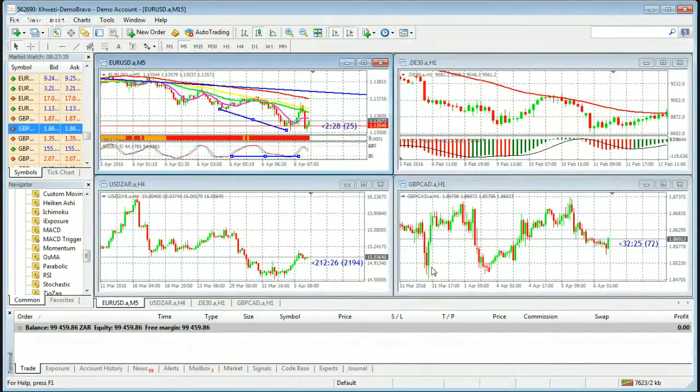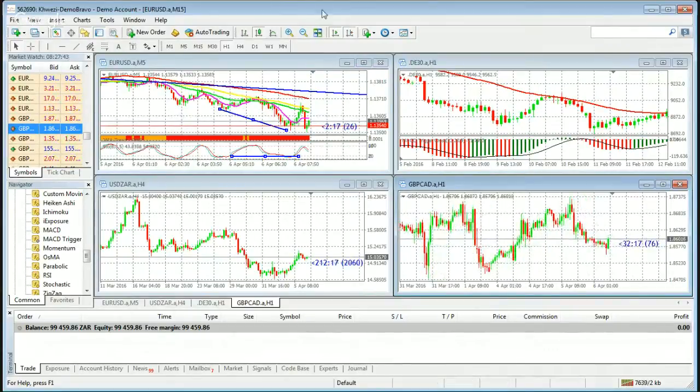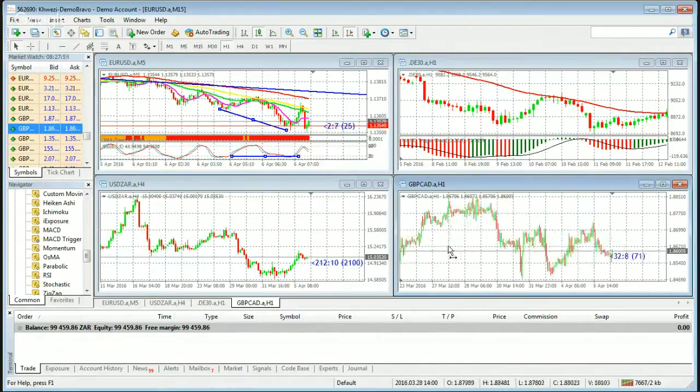So over here, this one, let's put the order scroll off. Let's see, I slightly zoom up. Nothing that I really can see on that one.